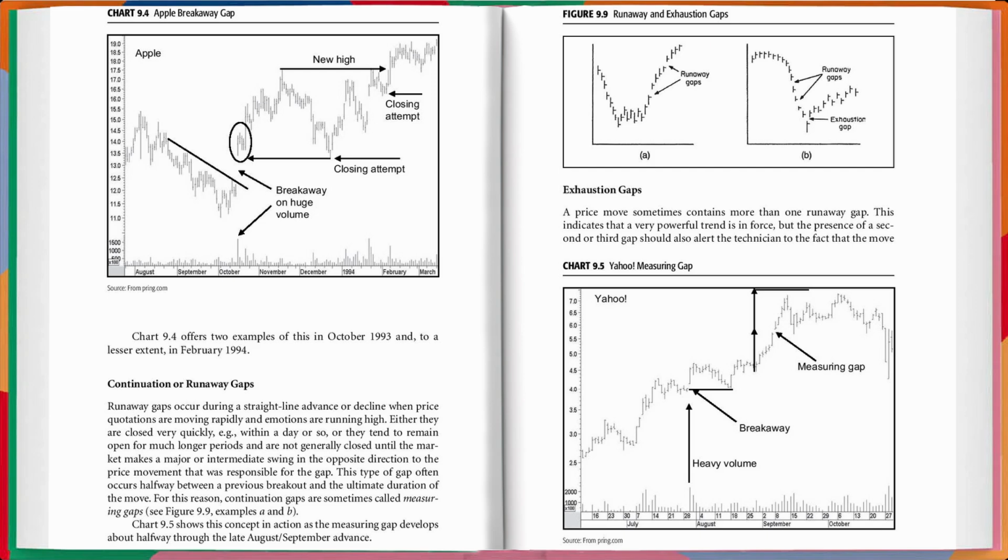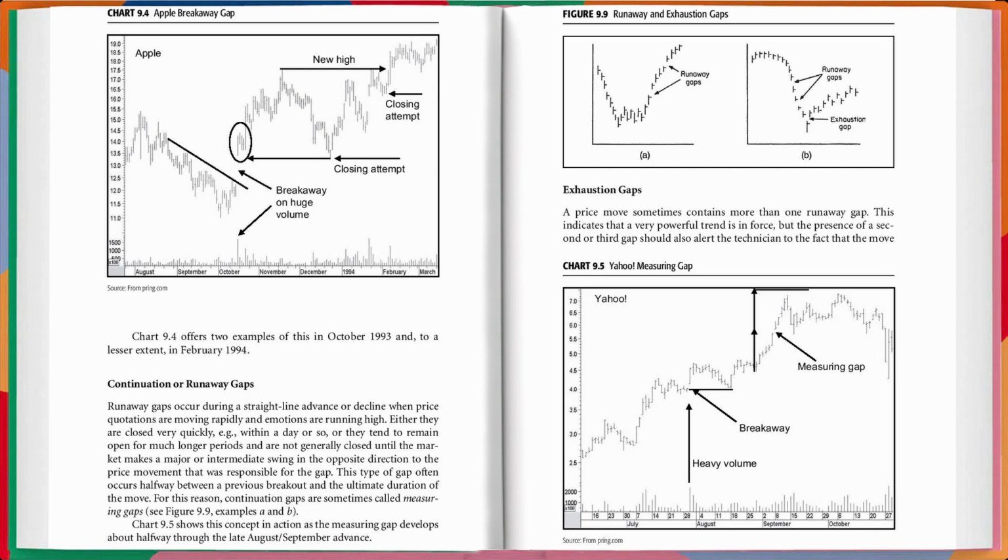This type of gap often occurs halfway between a previous breakout and the ultimate duration of the move. For this reason, continuation gaps are sometimes called measuring gaps. See Figure 9.9, examples A and B. Chart 9.5 shows this concept in action as the measuring gap develops about halfway through the late August/September advance.